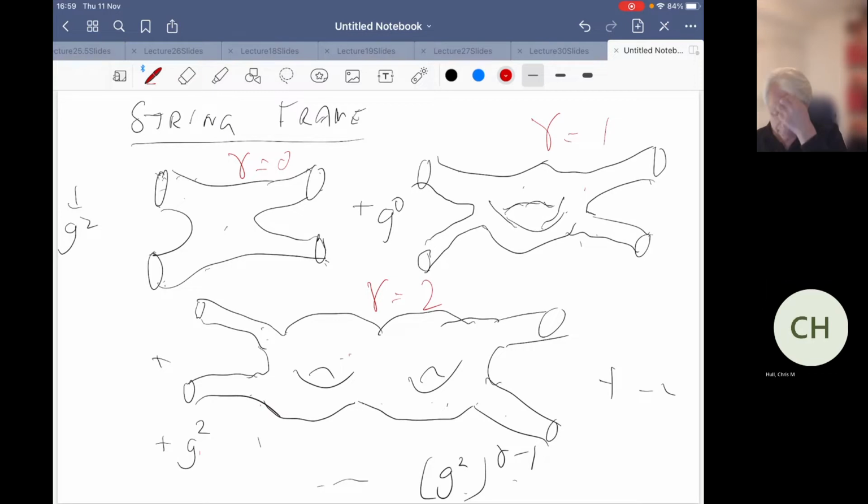In each case we get a power series in g squared, and if g is small, we can think it gives a good perturbation theory. One of the features of superstring theory is that at each genus the amplitudes will each be separately well defined and have good ultraviolet properties.